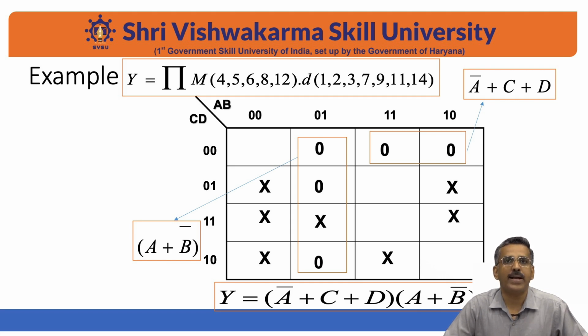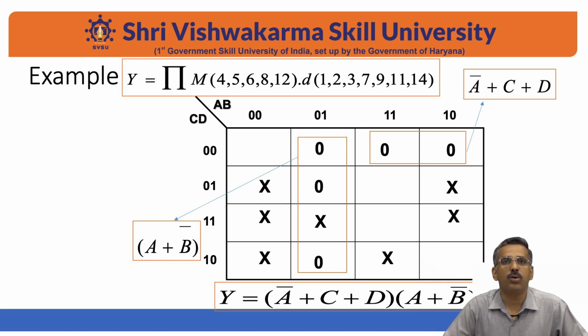Now we have to find out the Boolean expression for the first group. In the first group we are looking the value of AB is unchanged while the value of C and D are changing. Because this is a case of max term, we will take it as a product of sum, that is A plus B bar as an expression.